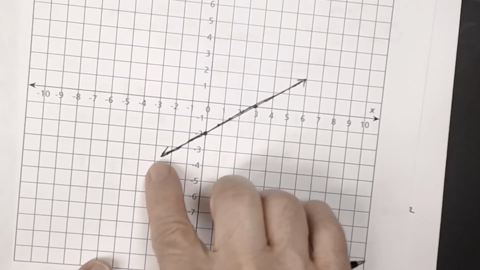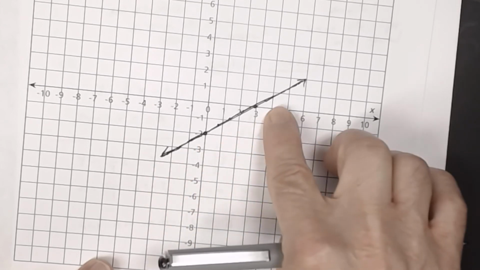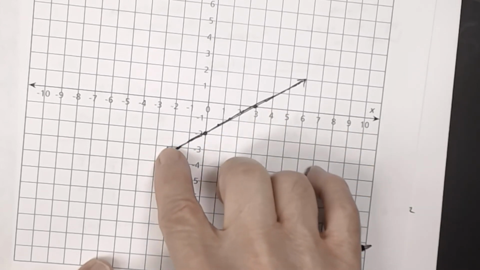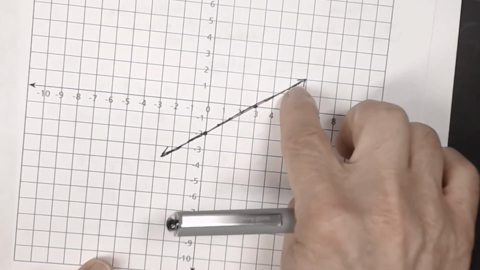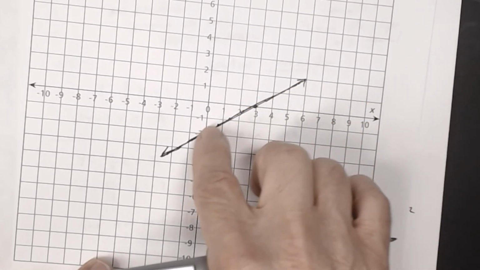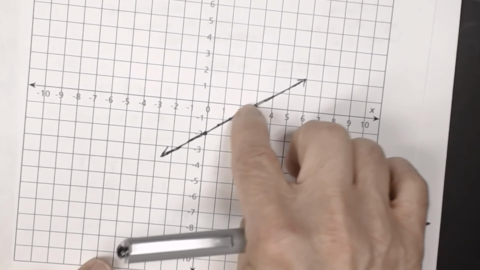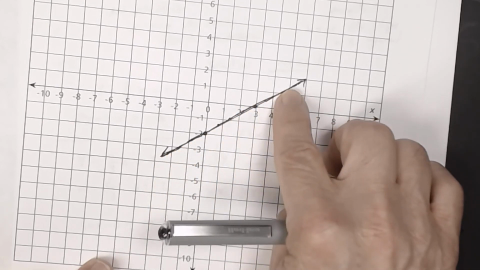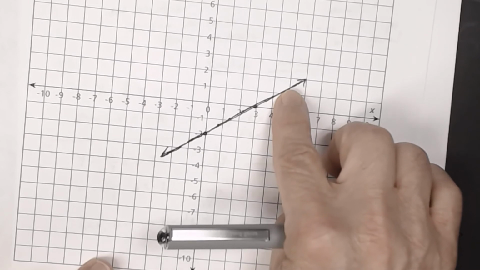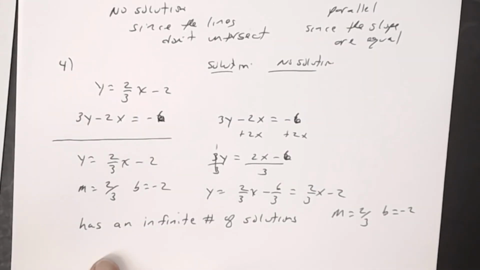So those two lines overlap. And so since those two lines overlap, how many solutions does this system have? An infinite number. They intersect in an infinite number of points. Okay, so any point on this line is a solution to that system. So this system has an infinite number of solutions.